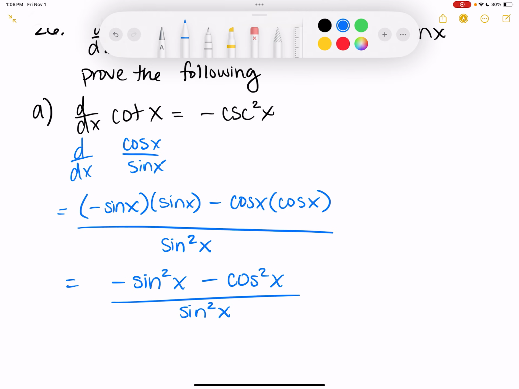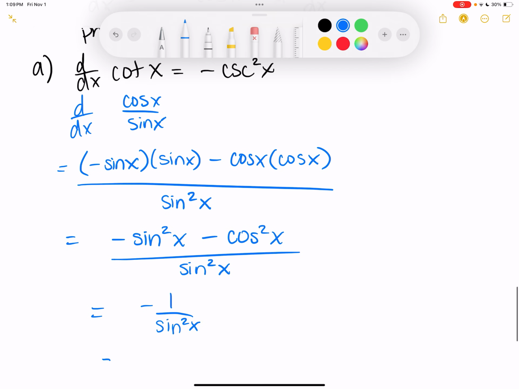What's this? Negative 1, because sine squared plus cosine squared is 1. So negative 1 over sine squared of x, which is cosecant squared of x, and don't forget the negative sign.